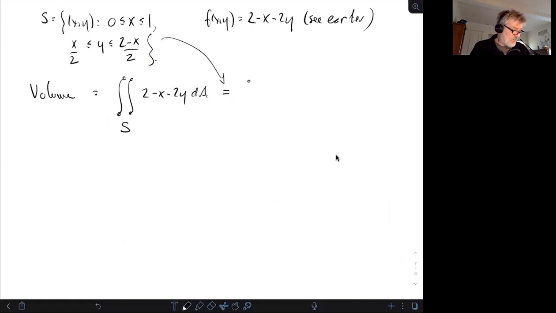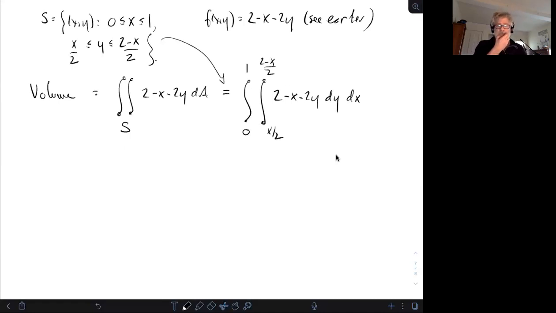So now I can compute it this way: integral 0 to 1, integral x over 2 to 2 minus x over 2 of 2 minus x minus 2y dy dx. Okay?